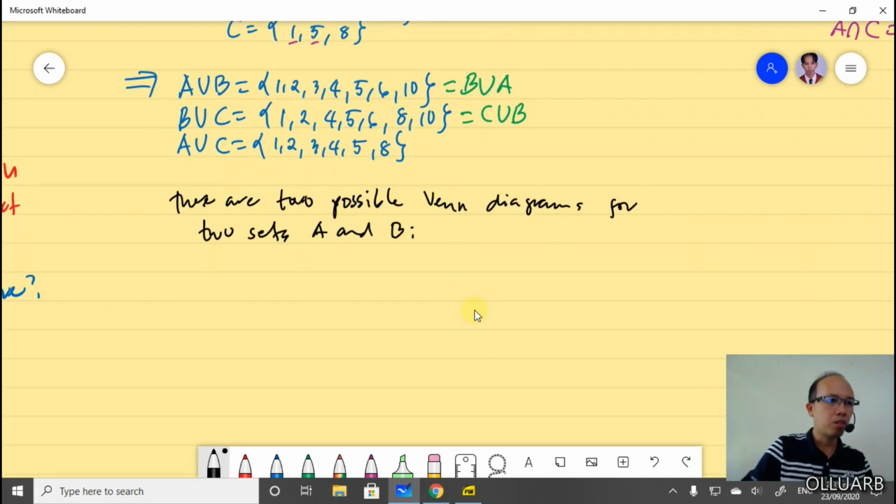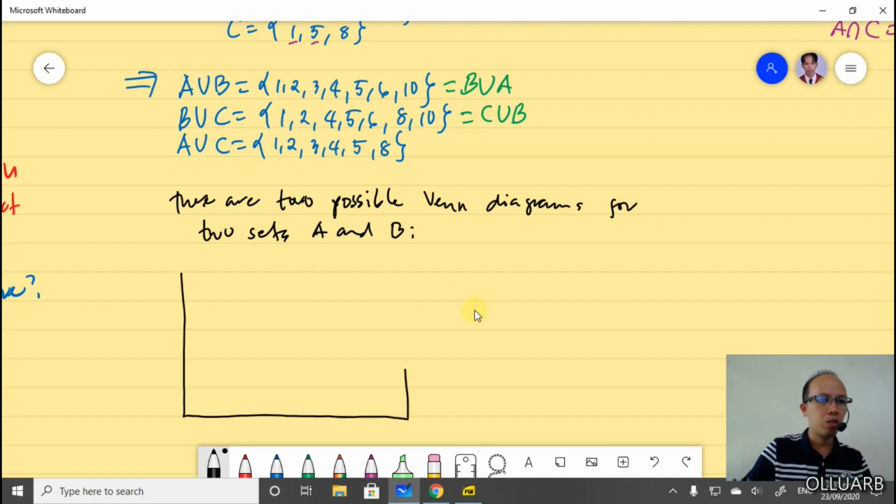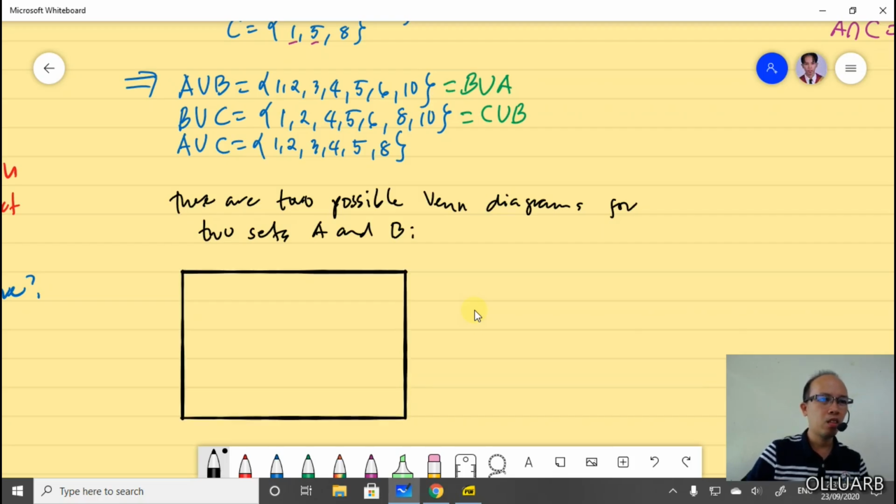For example, if you have this as your universal set U here, it could be that they intersect.